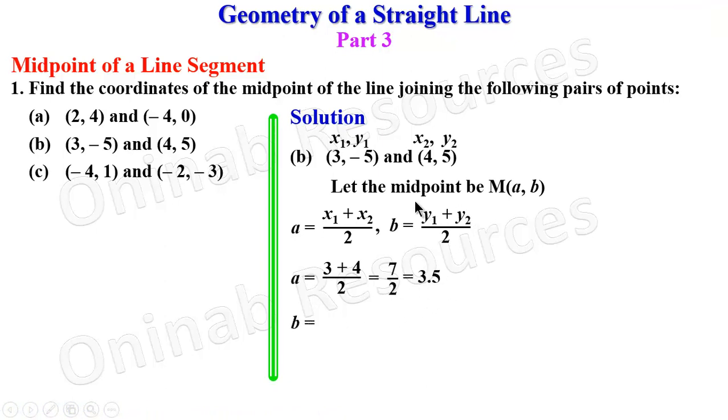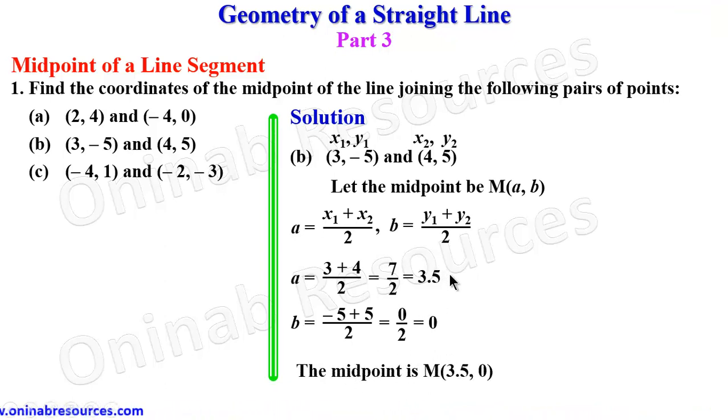Then for b, our y1 is -5, plus 5, divided by 2. This is giving us 0 divided by 2, and it gives the answer as 0. So the midpoint now is (3.5, 0). And that's all for B.